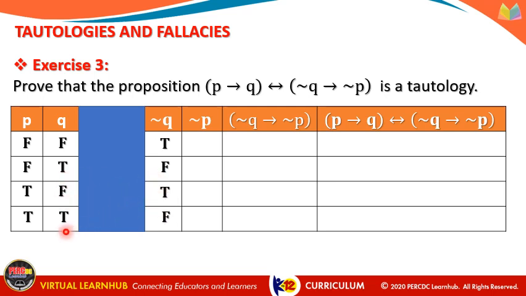And lastly, true will become false. Let's take the negation of P as well. False will become true. False will become true. True will become false. And true will become false.